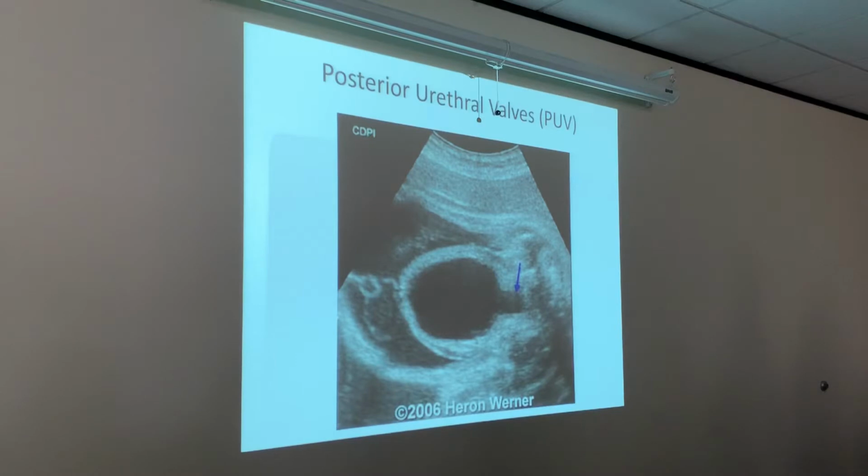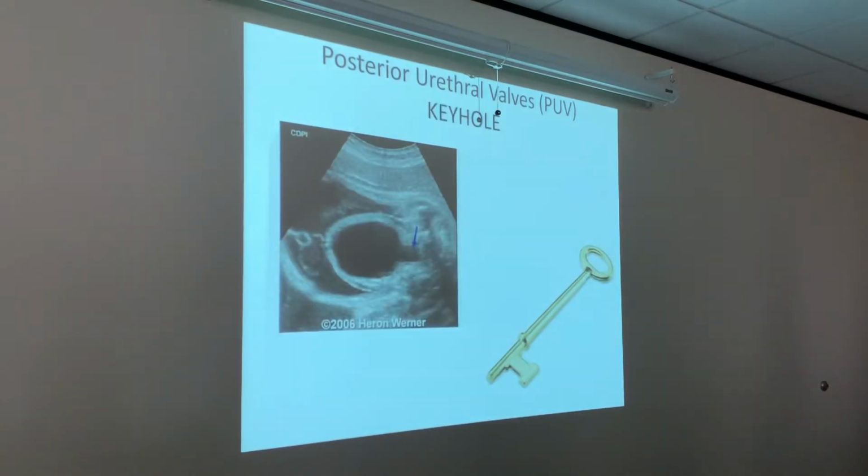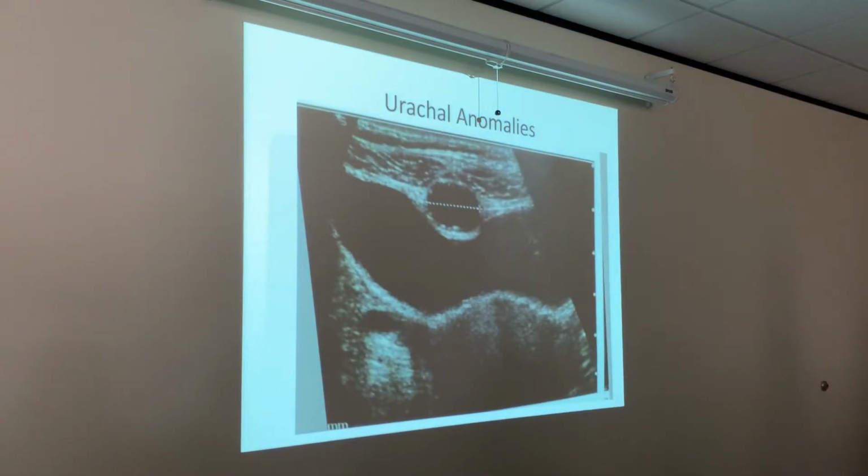Posterior urethral valve, PUV, okay? PUV. We call it the keyhole because it looks like a skeleton key. Okay? Posterior urethral valve. Urachal. This happens during embryology. You can have a complete or you can have an incomplete.